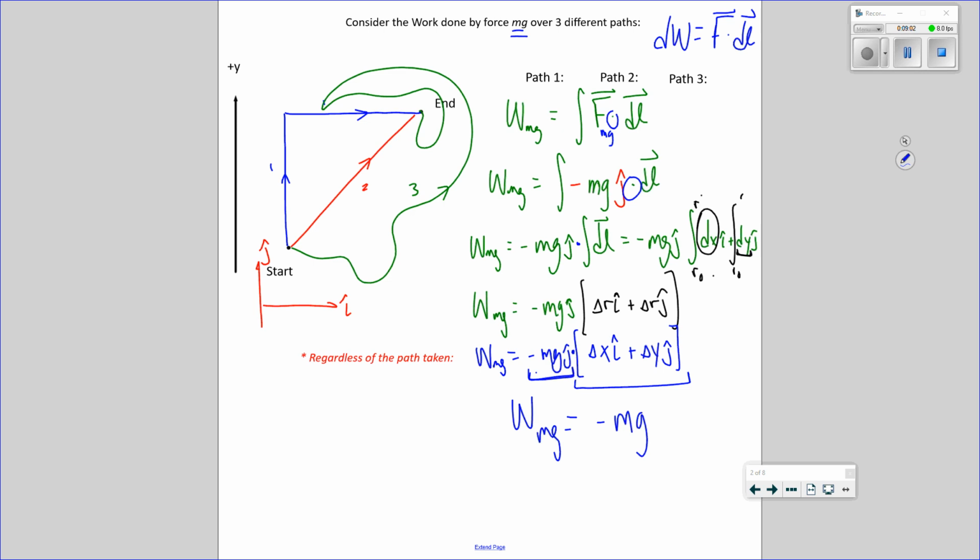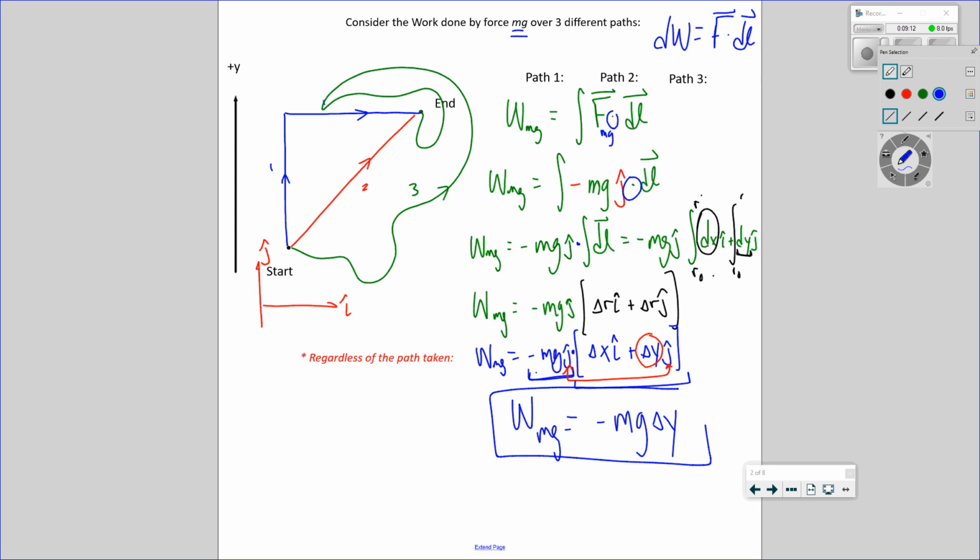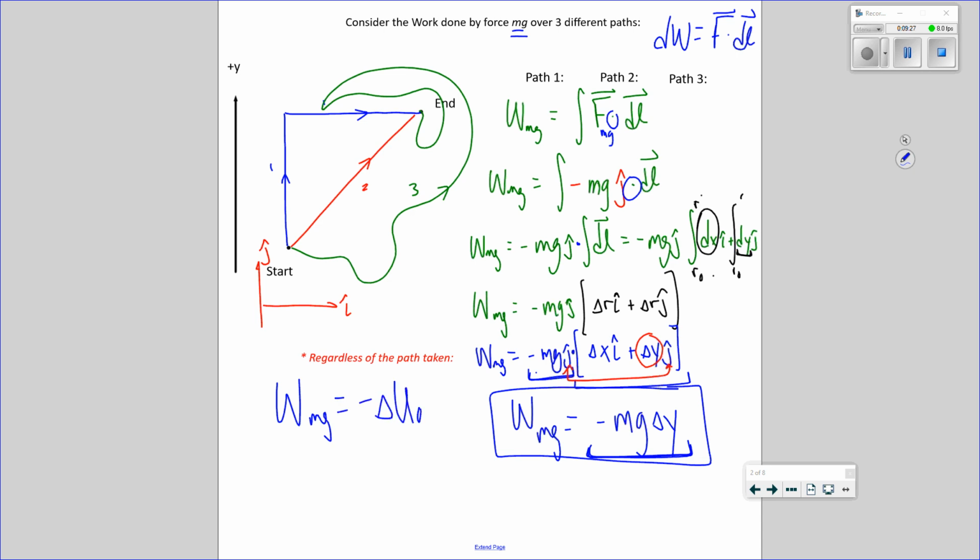Well, look, this j hat dot j hat is 1. And so we keep the delta y, and there's our answer. And maybe we recognize this as, oh wait, that's the negative delta Ug. The work done by mg is negative delta Ug.